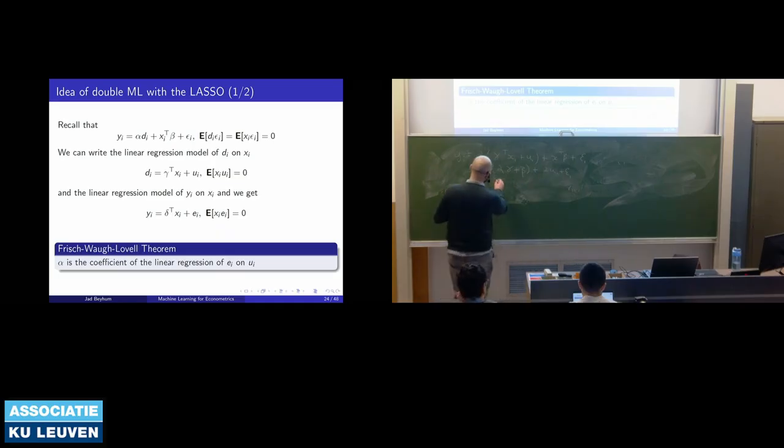This gives me the third model, where this is my delta and this is my e_i. Is that clear for everyone, that from the first and the second model you can get to the third model?